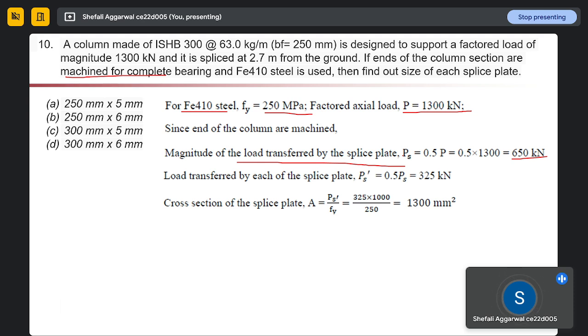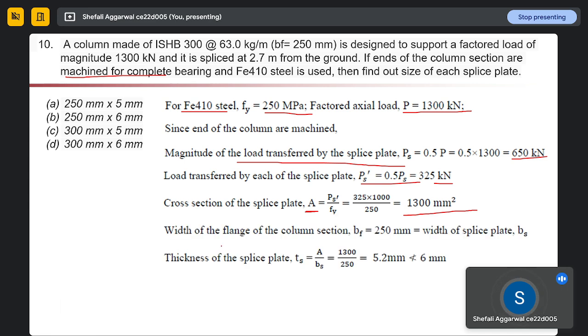So we have two splice plates on one column. So to calculate load transfer by each splice plate, we divide by 2, 325 kilonewtons is coming. Then we calculate the cross-sectional area. So area is equal to load divided by stress. Load is 325 kilonewton, so we multiply by 1000 divided by Fy 250 megapascal. So area is coming as 1300 mm square.